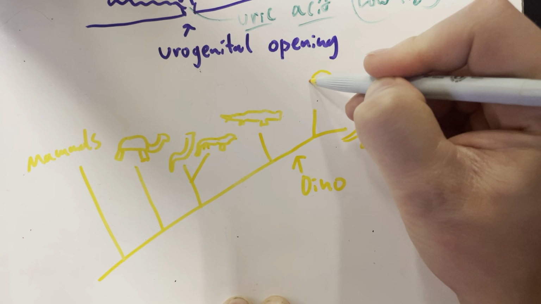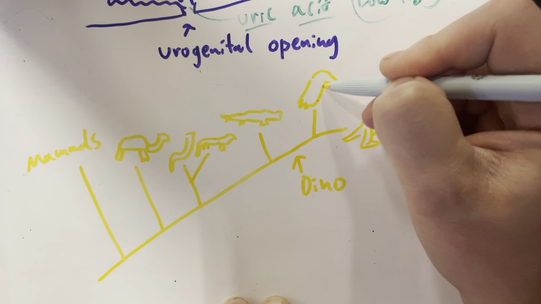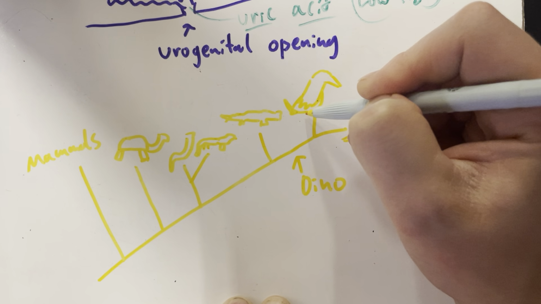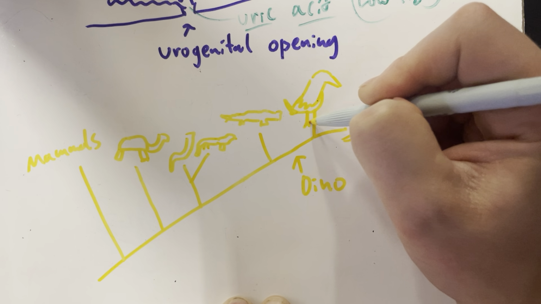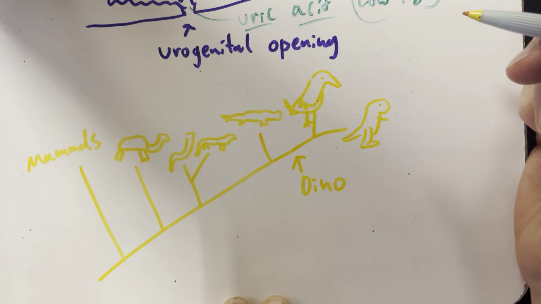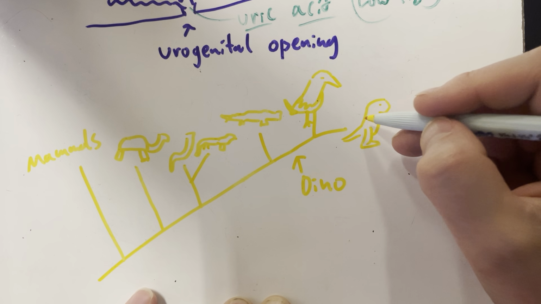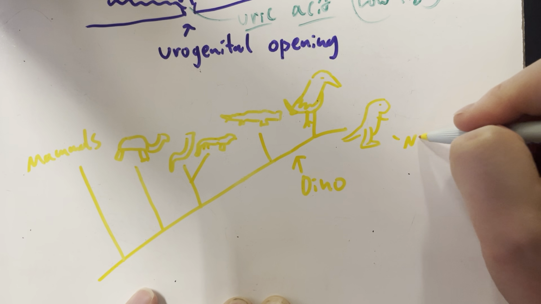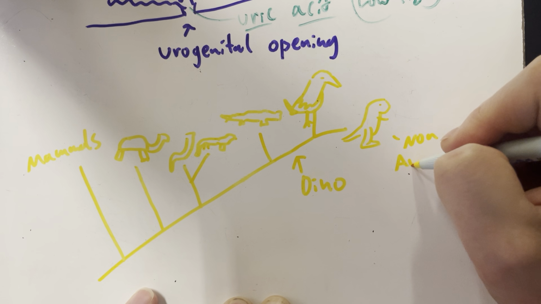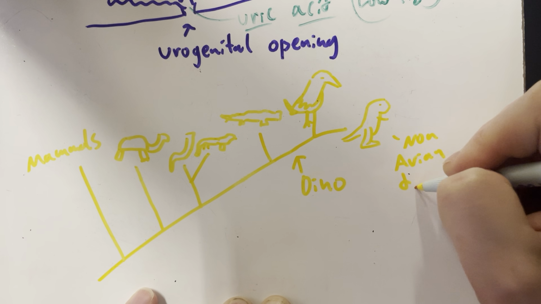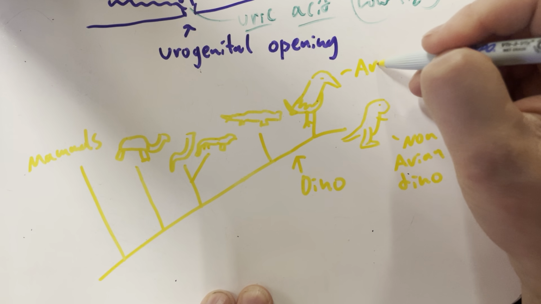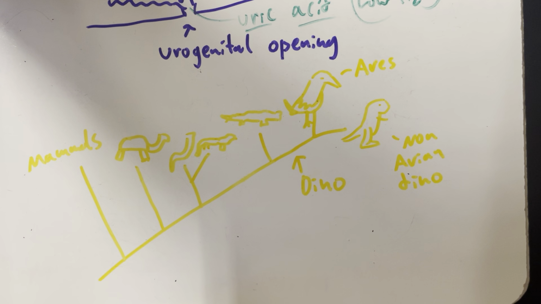Just birds in general. These dinosaurs are what you call the non-avian dinosaurs. And this is aves, or birds.